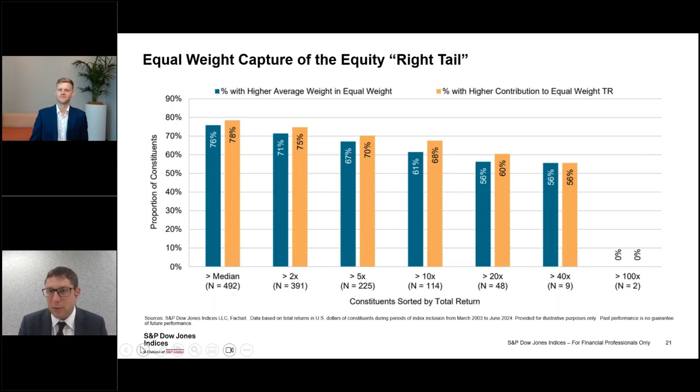But there is an important qualification to this in terms of, could this happen again? And of course, we don't know. It could happen again. But if you have a stock that is already 5-6% of the S&P 500, if it was to outperform every other stock in the S&P 500 by a similar degree as it did over the past 20 years, its weight would need to rise from 6% to something in the mid-90s.